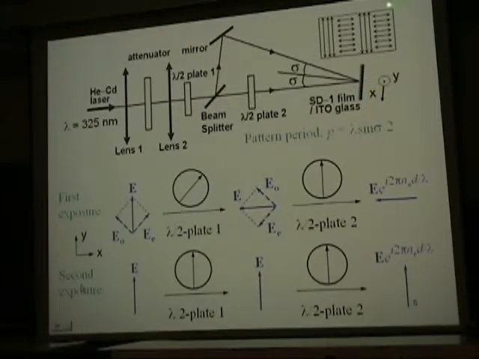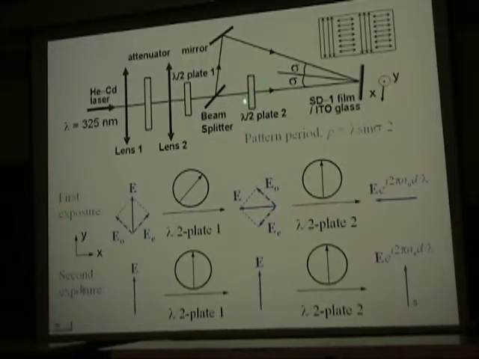To produce the pattern that we want, we actually need to carry out the patterning in two steps. In the first step, we rotate the optical axis of this first half-wave plate to 45 degrees. Because the initial polarization direction of the UV laser is along the y direction, this will rotate the UV polarization to x.